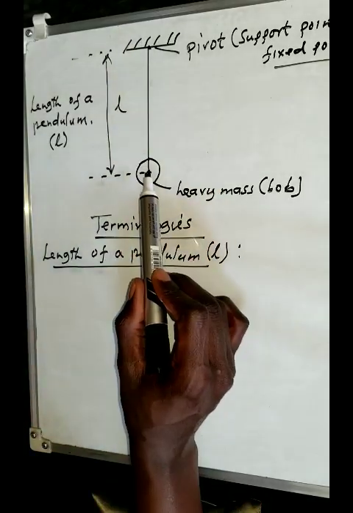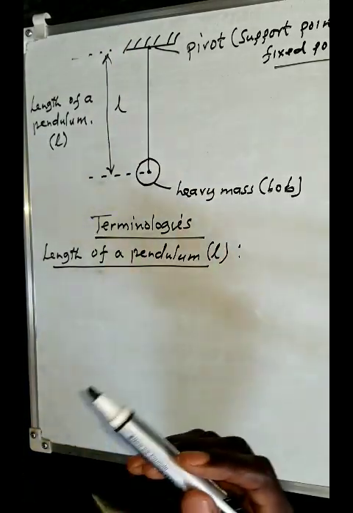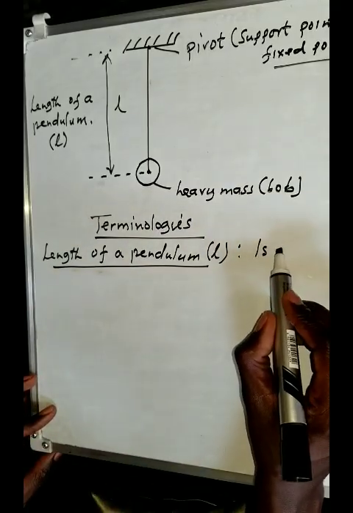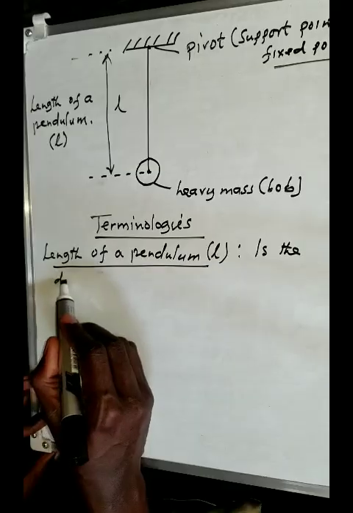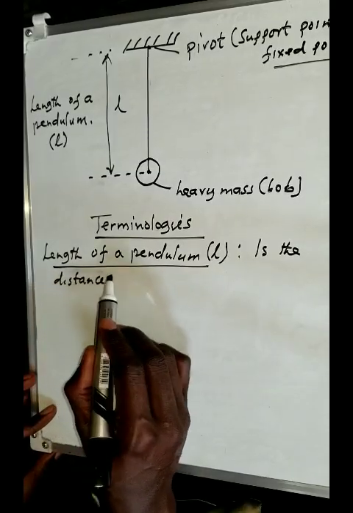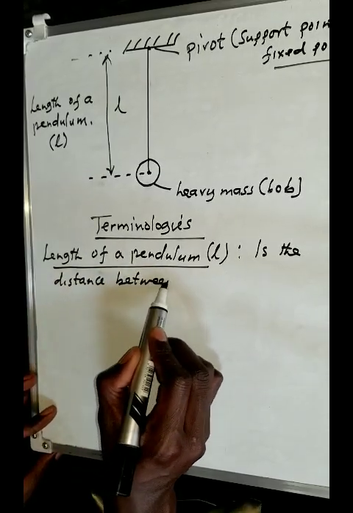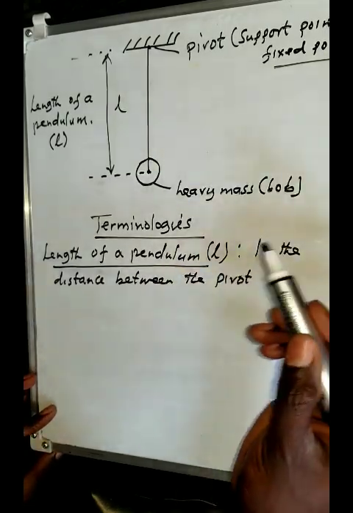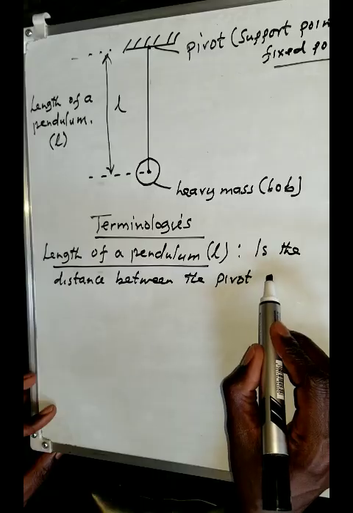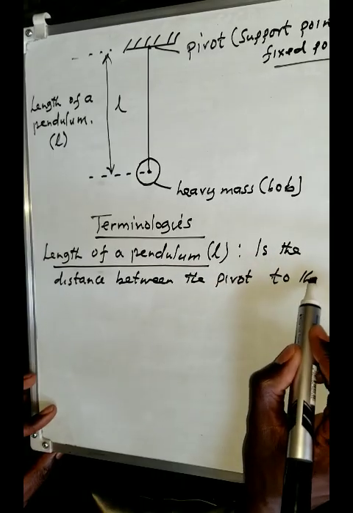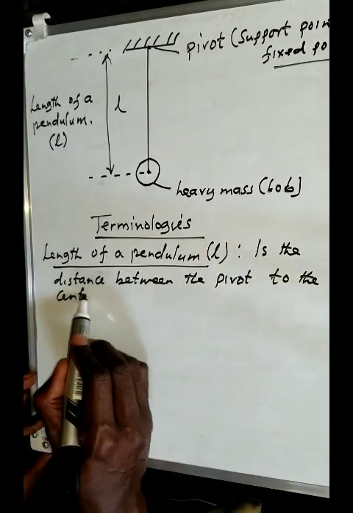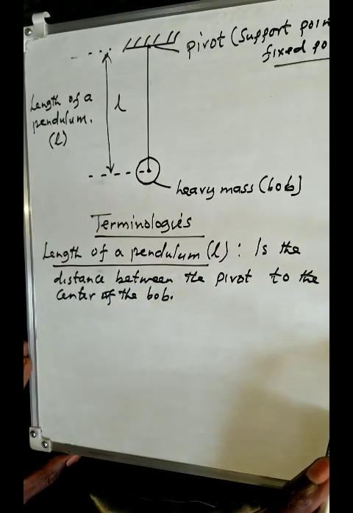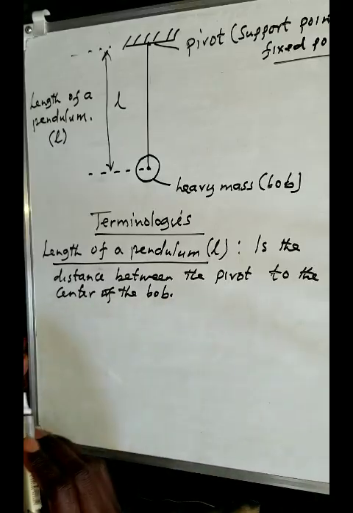So we can say it is the distance between the pivot, which I'm calling the fixed point or the support point, to the center of the bulb. That is what we call the length of a pendulum.